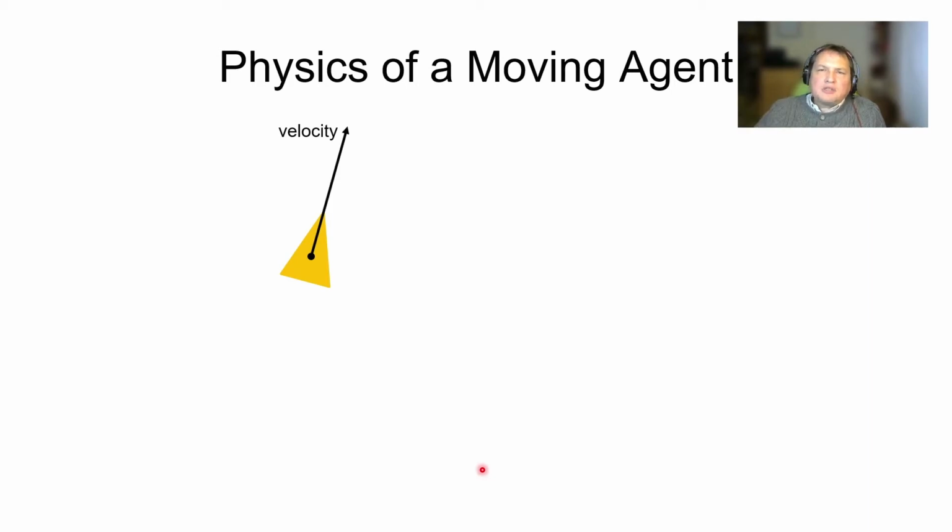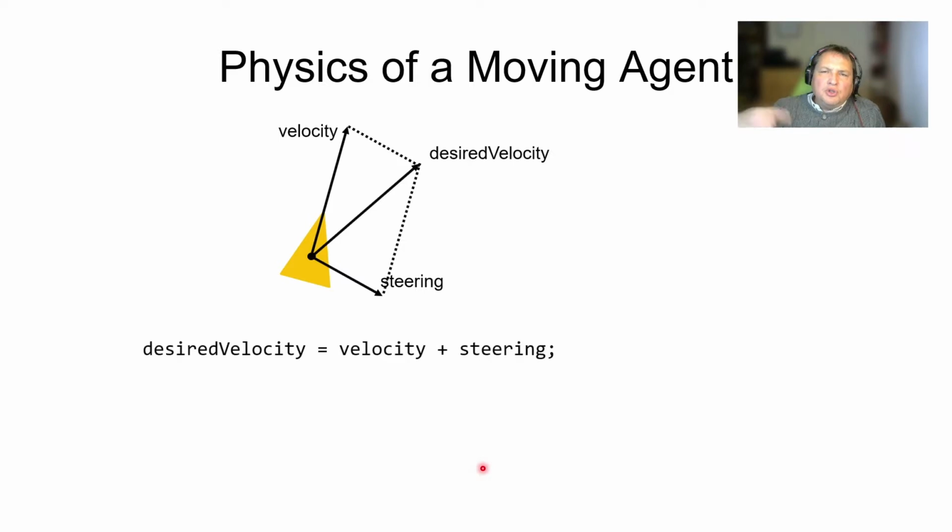The agent acts upon its environment using a steering force, and this steering force is introduced in order to change its current velocity to the new desired velocity. This desired velocity can be read from this diagram as a simple vector addition. So velocity plus steering equals desired velocity.